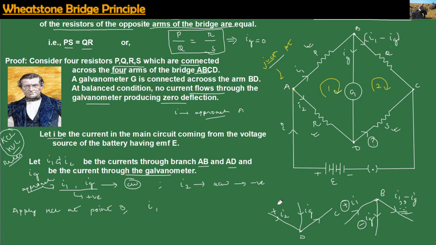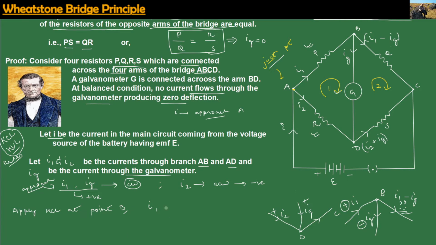I2 approaching is taken as positive, and IG approaching point D is also taken as positive. So the current across this branch CD will be equal to I2 positive, IG also positive. This will be the current which flows across that branch DC.